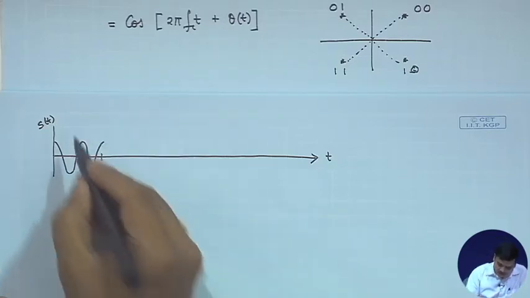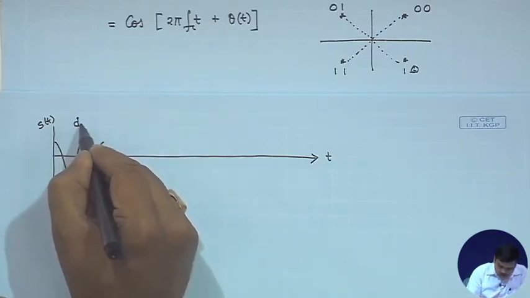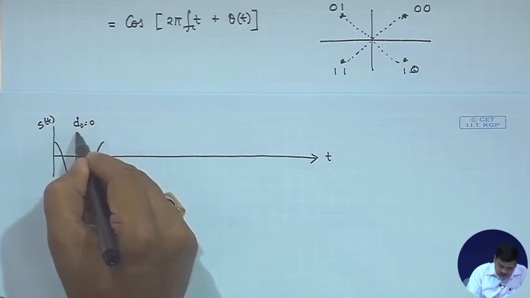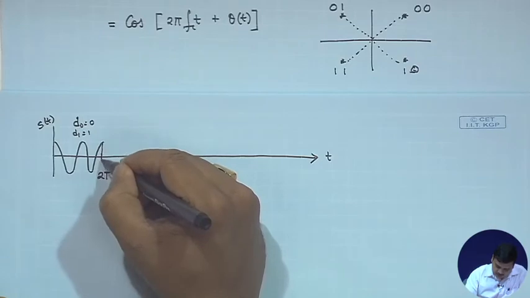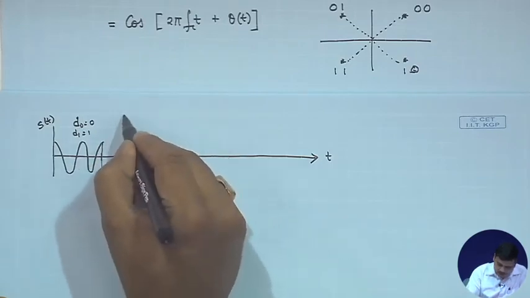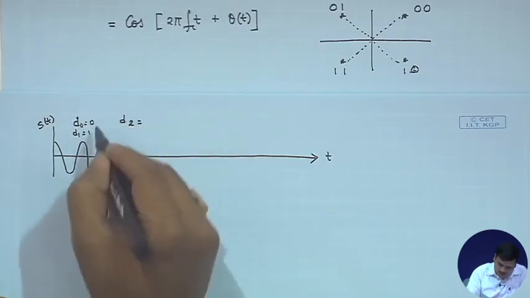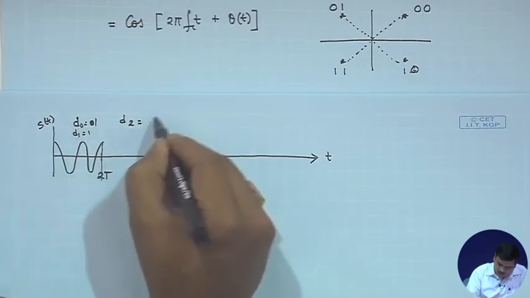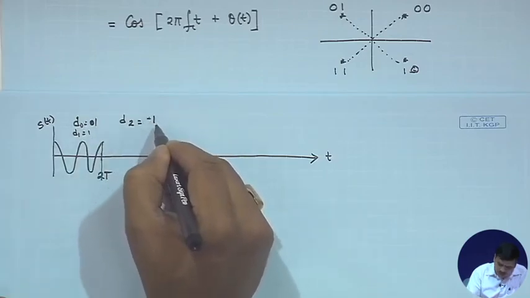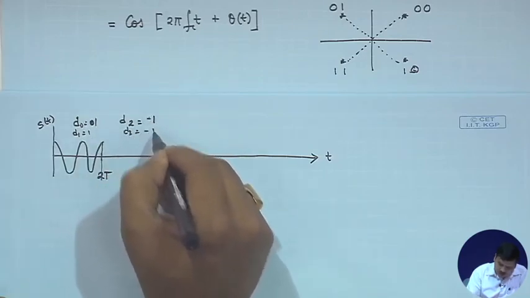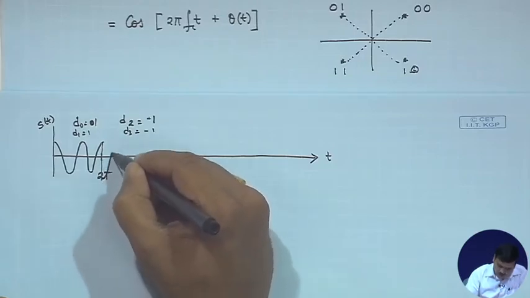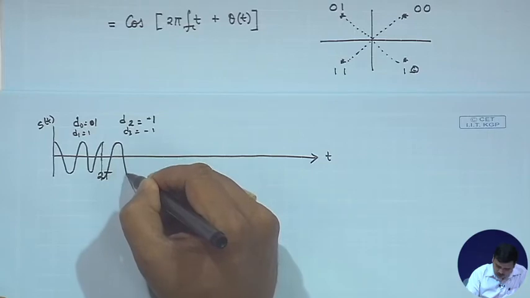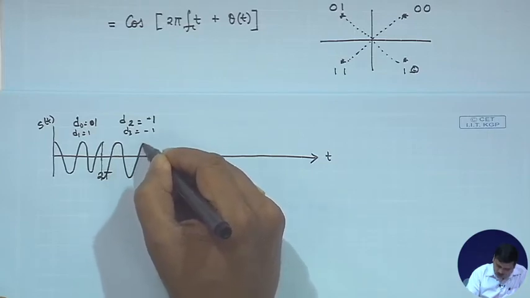In the next interval, here you have d0 equals 0 and d1 equals 1. In the next interval you are going to get d2, sorry, this is equal to 1 and this is equal to 1, d2 equals minus 1, d3 equals minus 1, and your waveform could take a shape which is looking like this.